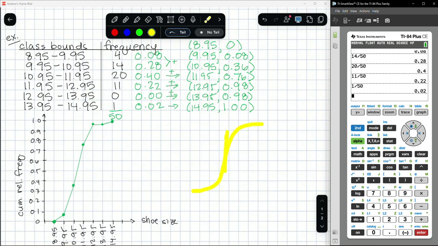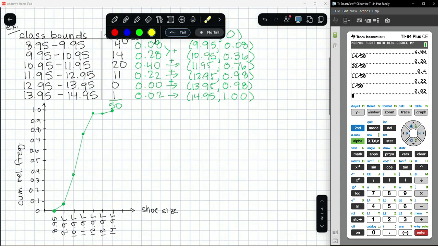And where that big jump occurs tells me where my peak is in the data. So I know my biggest peak is here in this region where I've got 14 and 20, so between 9.95 and 11.95. And if I look at my graph, that's where I have that biggest jump, that steepest slope.